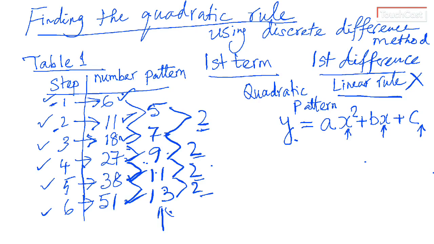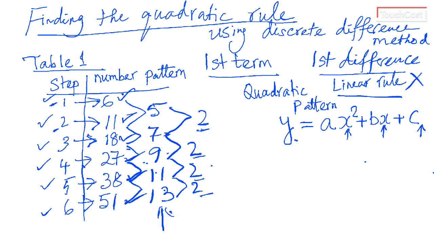That's one of the things you need to remember. The general rule is a times x squared plus b times x plus c.